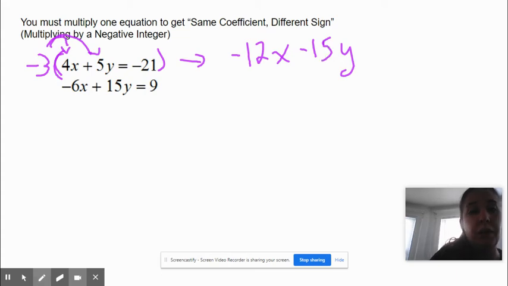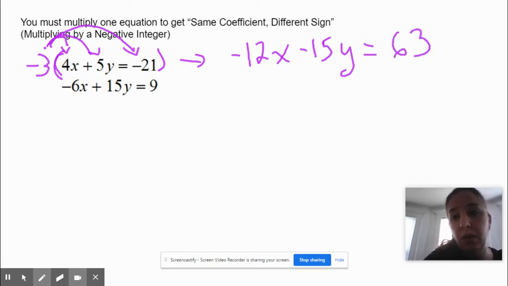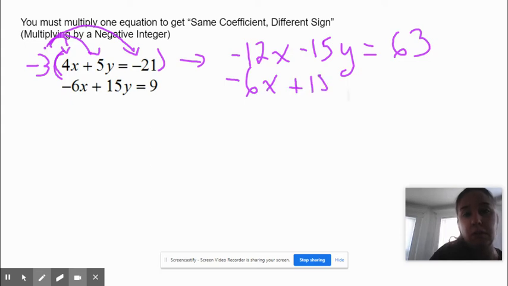There we go. And then don't forget to multiply after the equal sign. Students often forget. -3 times -21 is +63. And then I'm just going to rewrite the bottom one because I never did anything to it.